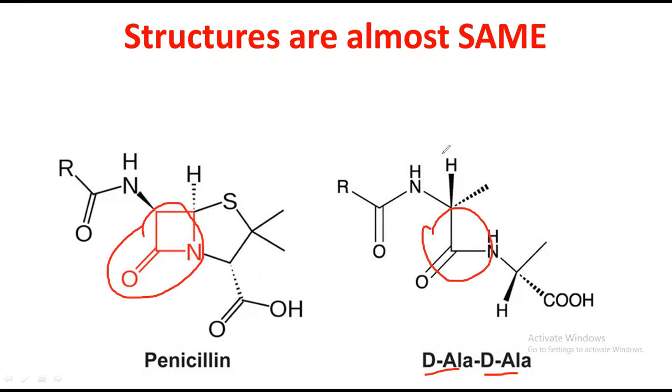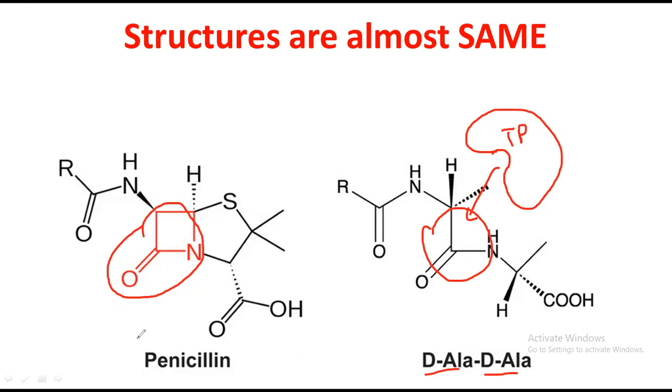So what does the transpeptidase enzyme do? For example, if this is the enzyme transpeptidase, it recognizes this part of the D-alanine, binds to it, and starts the transpeptidation reaction.